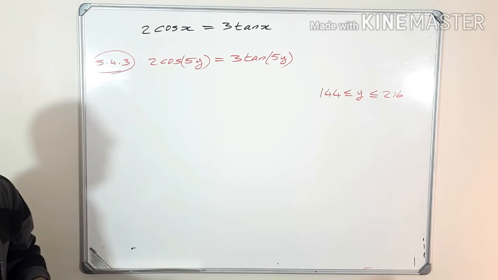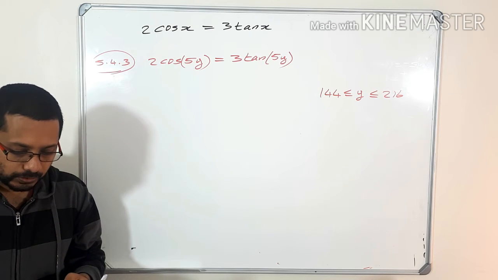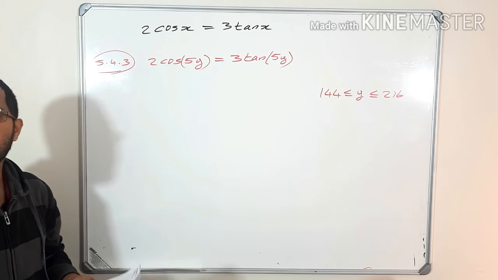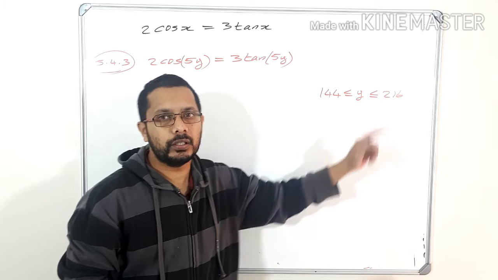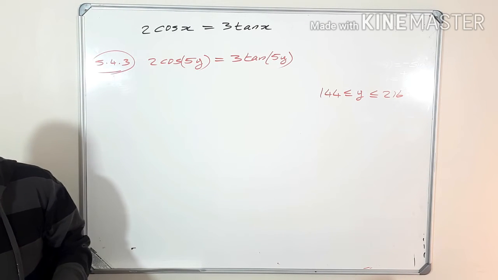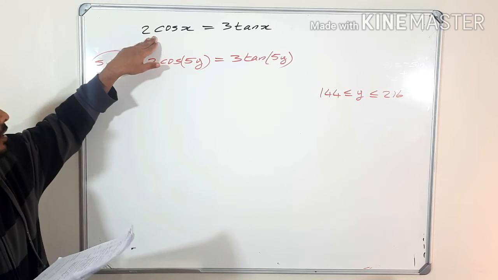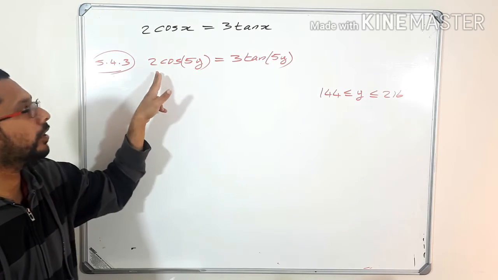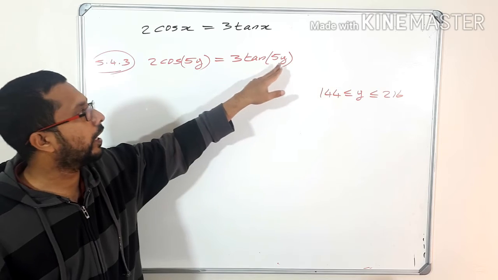So what is the meaning of this? How can you find the value of y between these two interval values? What you have to do is look at our expression given at the beginning of that question, 2 cos x is equal to 3 tan x, and look at this question, 2 cos 5y is equal to 3 tan 5y.